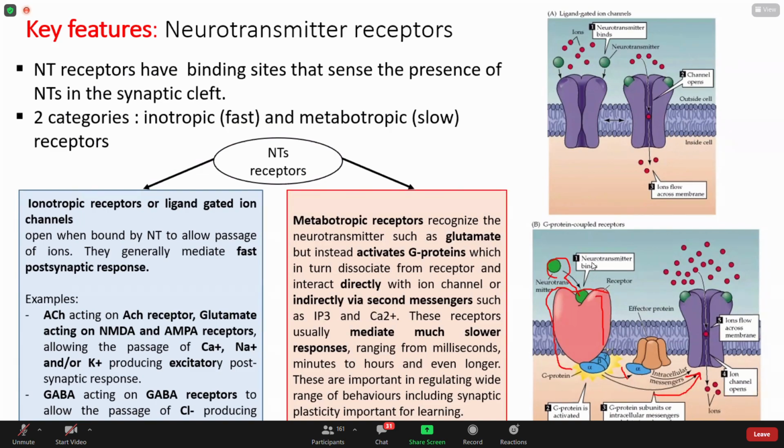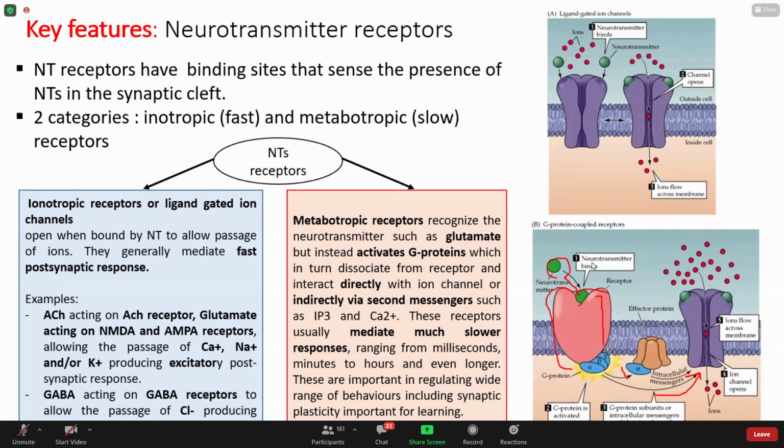And also, GABA binding to a GABAergic metabotropic receptor would induce what? Inhibitory, or is it excitatory? Inhibitory. So GABA binding to a GABAergic metabotropic receptor would induce an inhibitory postsynaptic response.